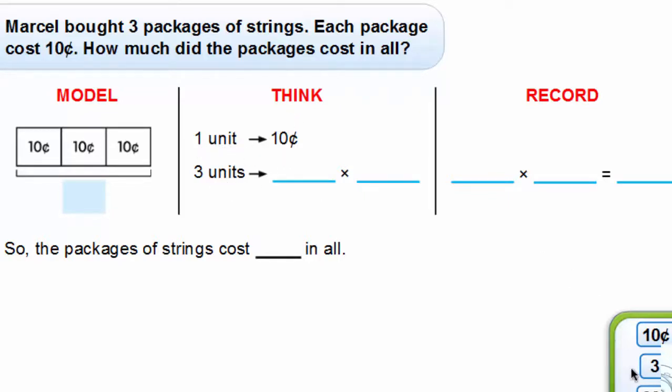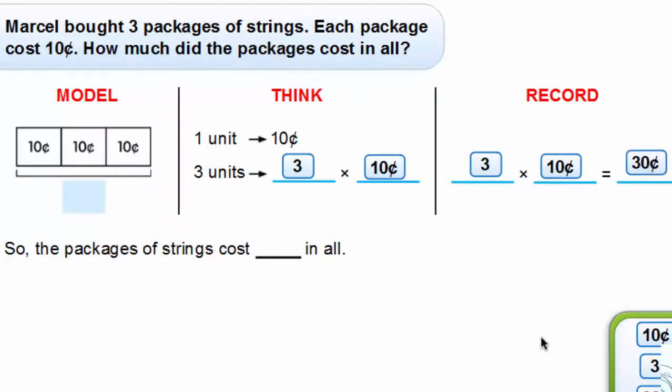So 3 units equals 3 groups times 10 cents each. We can write 3 times 10 cents equals 30 cents in all. So the packages of strings cost 30 cents in all. Great job.